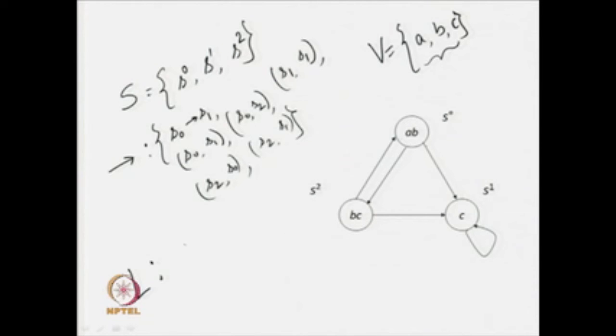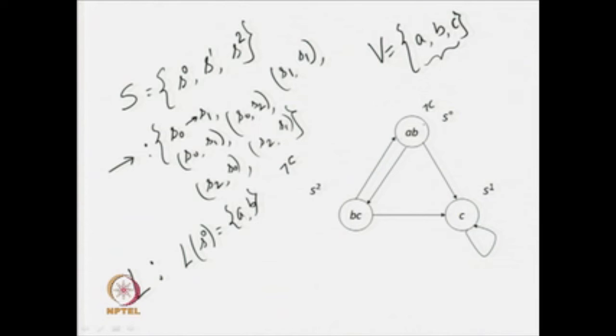So here, L of S0 is A and B. When we come to state S0, the atomic propositions A and B are true, and indirectly it says that C is not true in S0. That means we could label it by not C also.